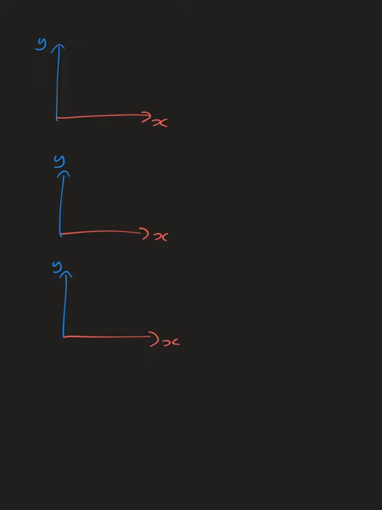The first is a stationary point like this. At this point on the curve, the tangent is flat or horizontal. The rate of change of y with respect to x at that point is 0. It's a stationary point. In particular, that is what we would call a local maximum.